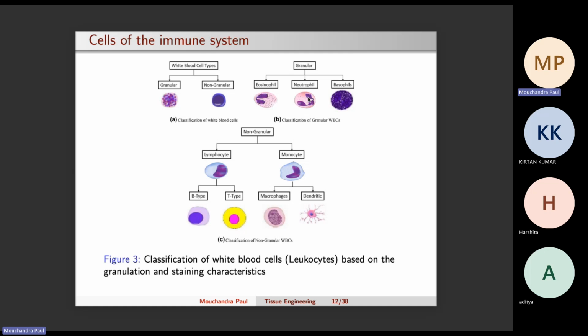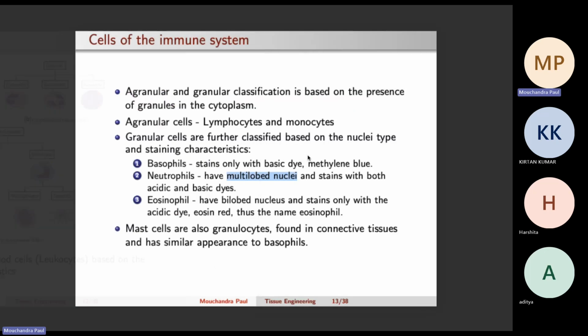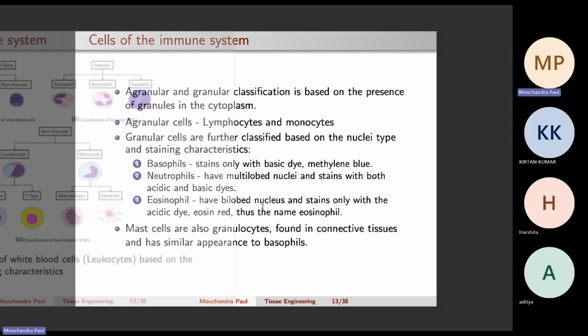These are called lobes, which is why the neutrophil has a multi-lobed nucleus, and it stains with both basic and acidic dyes. So it is neutral. It is not responding to just one type of dye, but to both acidic and basic dyes. And the eosinophil has a bilobed nucleus.